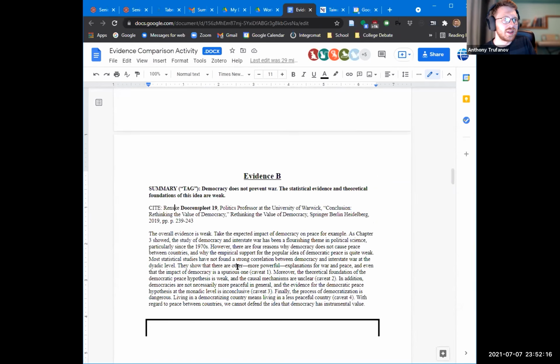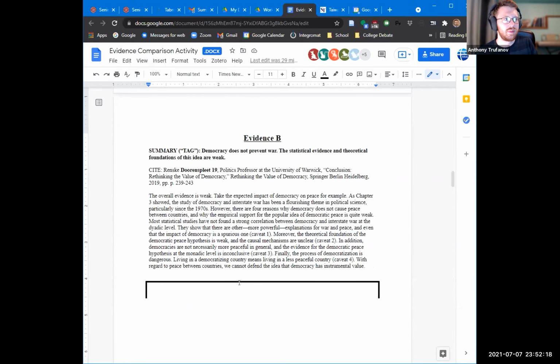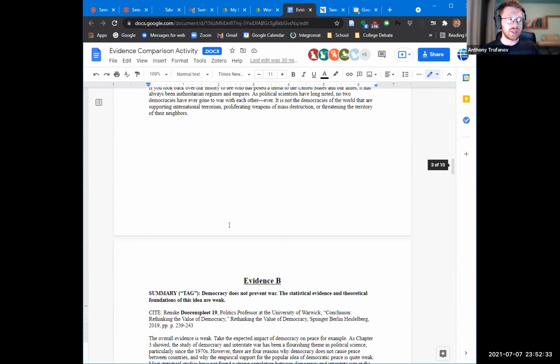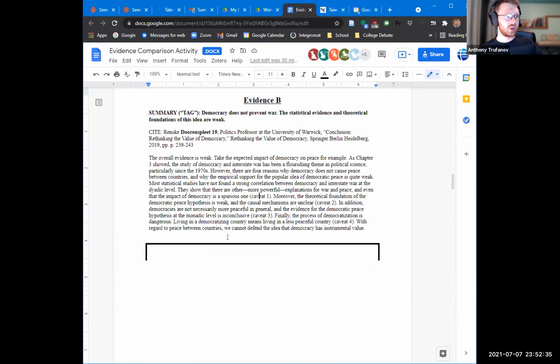Whereas what kind of evidence does this article use? Statistics, right? And those statistics are much broader. They use much more data. And probably they include the examples being used in evidence A, but they also include all of the other countries, right?